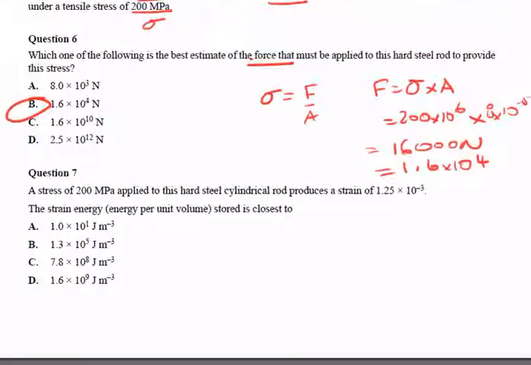And last one. A stress of this is applied to a hard cylindrical rod which produces a strain of this. The strain energy per unit volume is closest to. Now, this is something you have in your cheat sheet. This is always the hardest one of these questions. This is the area under the graph.